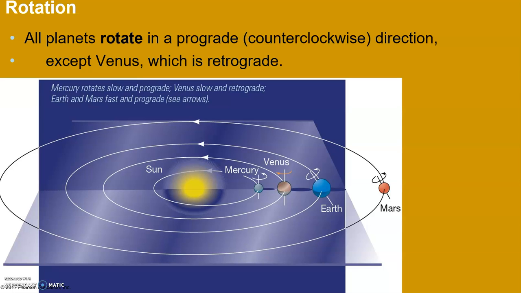When we talk about the slow rotation of Mercury and Venus, it's very interesting, at least to me, that these two planets are known for their slow rotations, and they are also two planets that are basically upright on their axis.